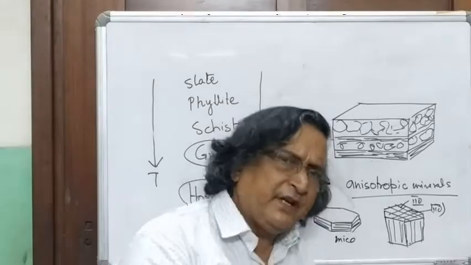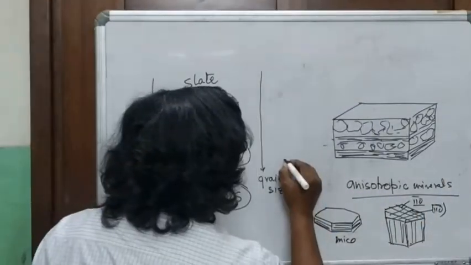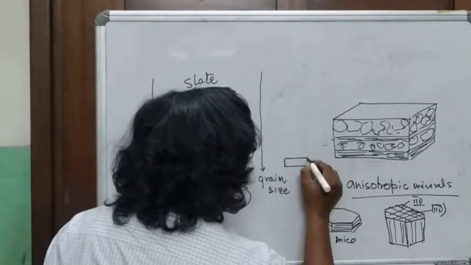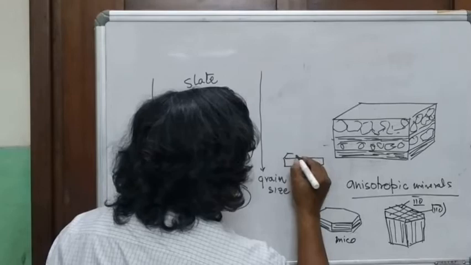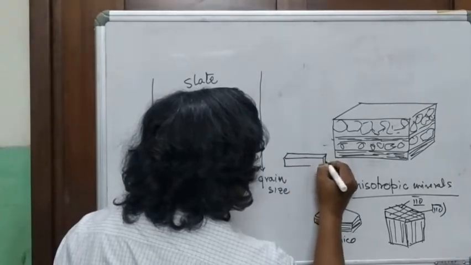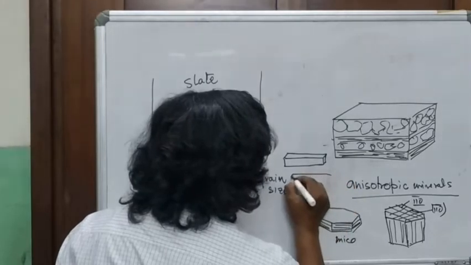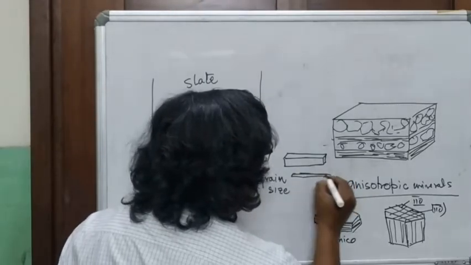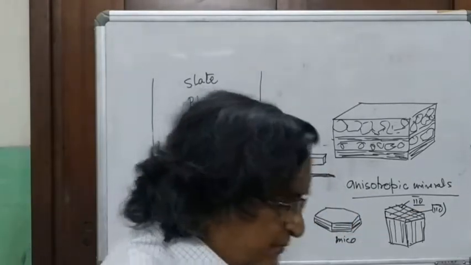There are other minerals which have a bladed form. Sometimes they have acicular, needle-shaped forms. Sometimes they are bladed.